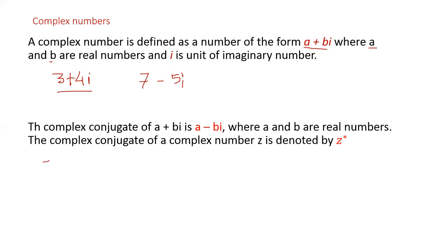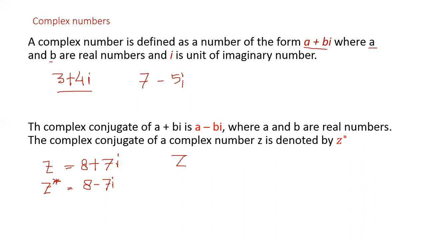For example, if z equals 8 plus 7i, then the conjugate of z equals 8 minus 7i.